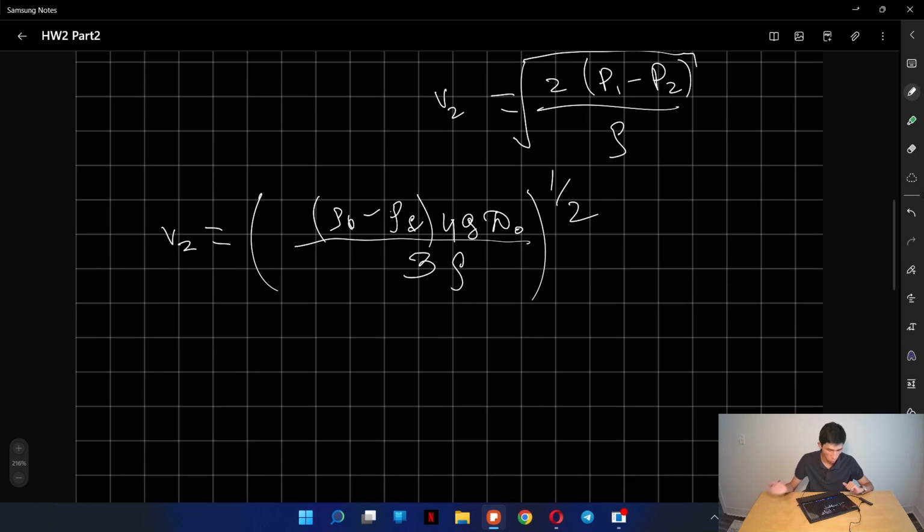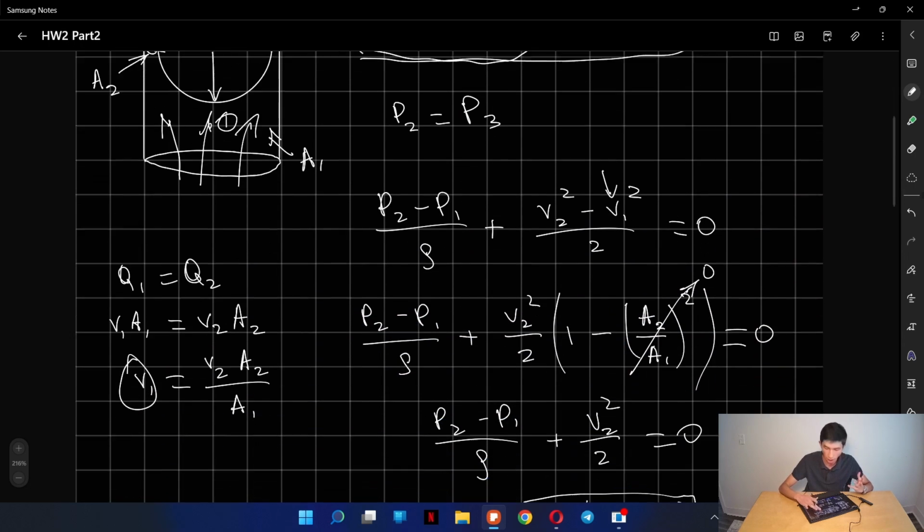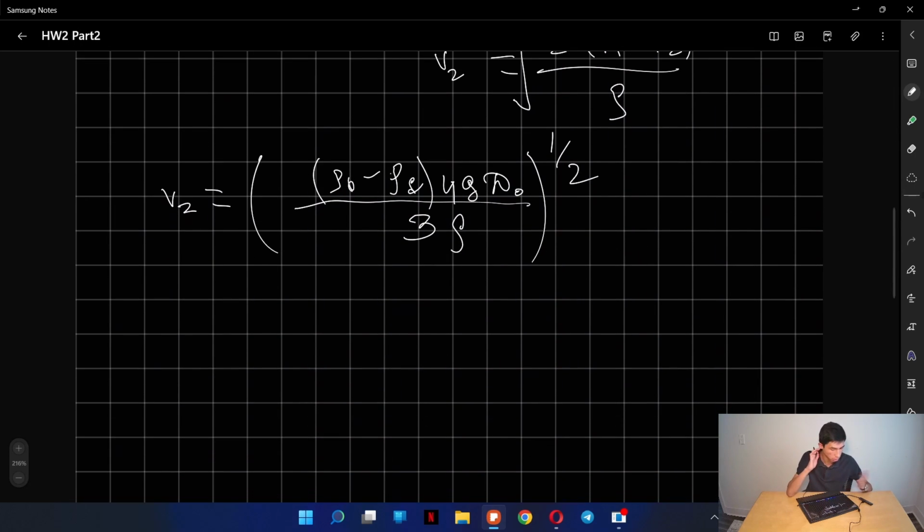So now we have our expression for the velocity at point 2. If we read our question one more time, we need to derive an expression relating the height of a ball in a rotameter to the volumetric flow rate. So now we should consider the height, but we don't have any height in our equation.